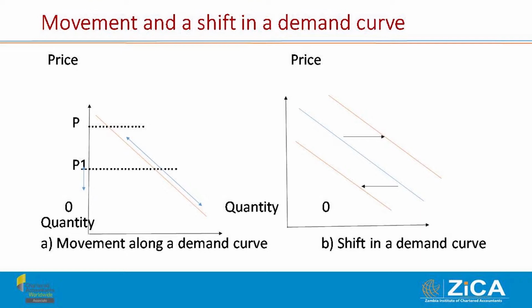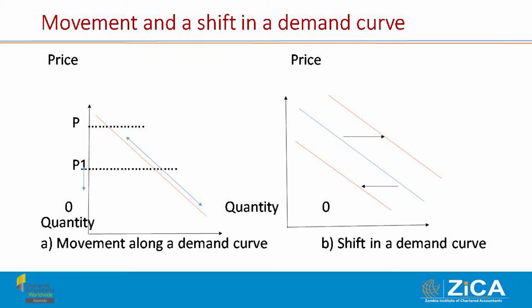The shift of the demand curve may either be to the left or to the right. And it is very important that candidates understand the direction of that particular shift. I have provided some examples of the distinction between the two.